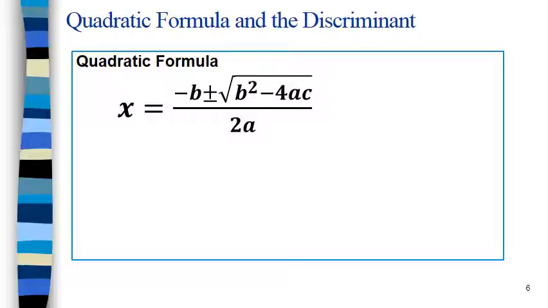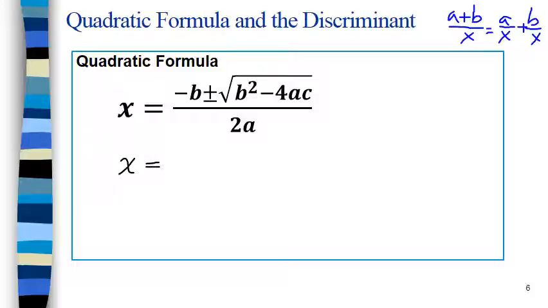Remember, when we have a fraction like a plus b over x, really that's like a over x plus b over x, right? We can split that fraction up, basically divide everything in the numerator by the single denominator. So we can actually rewrite the quadratic formula as 2 different fractions. We generally just write it as 1 because it's more convenient that way.